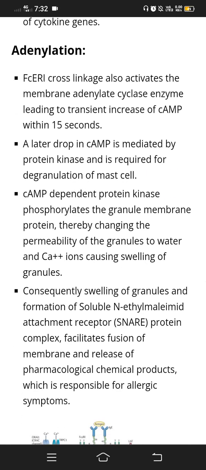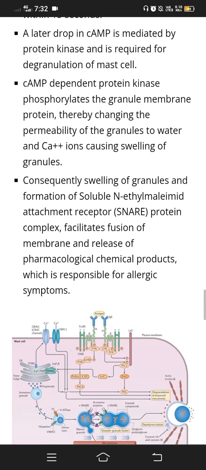This rise in cAMP is mediated by protein kinase A and is required for degranulation of mast cells. cAMP-dependent protein kinase phosphorylates the granule membrane protein, thereby changing the permeability of the granule to water and Ca++ ions, causing swelling of granules. Consequently, swelling of granules and formation of the soluble N-ethylmaleimide-sensitive factor attachment protein receptor, SNARE, protein complex facilitate fusion of membranes and release of pharmacological chemical products, which are responsible for allergic symptoms.